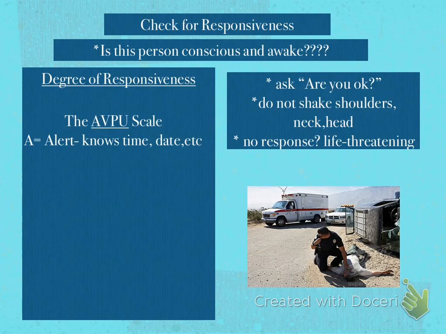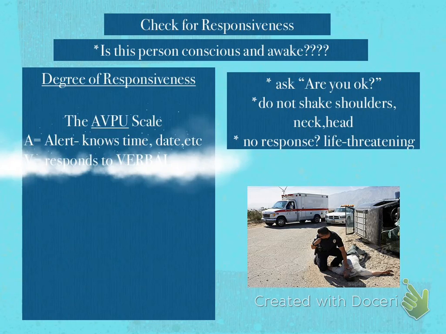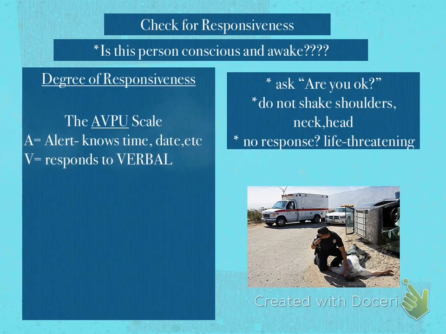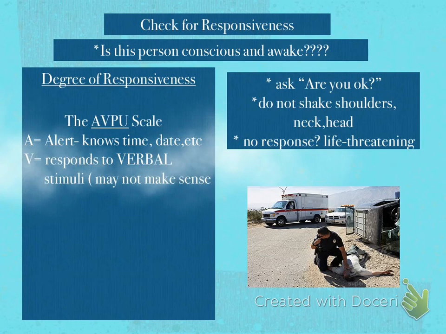If you say, I can't get them awake, they're not responsive, I've done everything I know to do, or if you say their eyes are fluttering, or they can move their head, but that's all, they're going to want to know that kind of thing. So they're going to ask you how alert they are. V stands for responding to verbal stimuli.